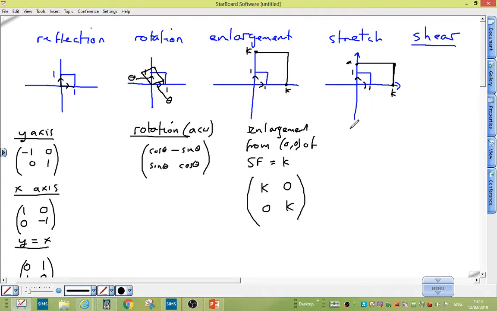Okay, so we're going to look at this. That's a stretch. So what am I doing? I'm stretching parallel to the x-axis by a factor of k and the y-axis by a factor of a. So I will write that down.